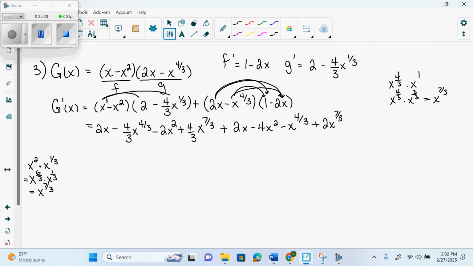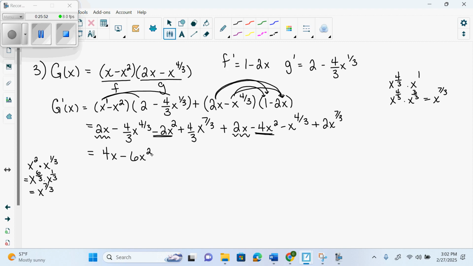And then you have to put like terms together. Okay. So we're going to get 2x plus 2x is 4x. Negative 2x squared minus 4x squared is negative 6x squared.